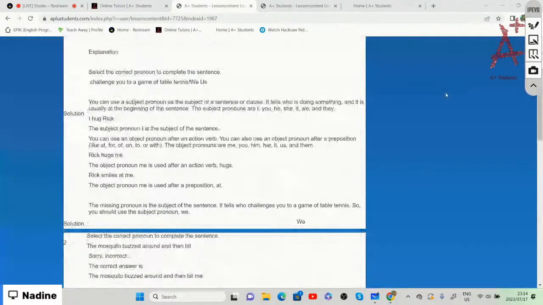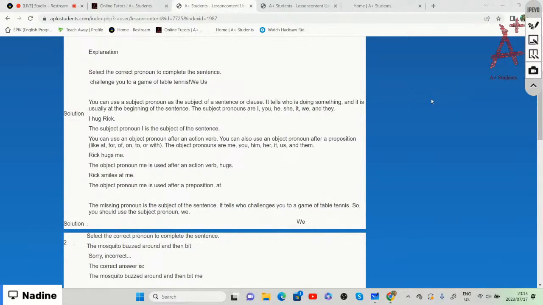That is basically subject pronouns as well as object pronouns. If we recap, a subject pronoun is used within a sentence to tell us who is doing something, and we usually find it at the beginning of a sentence. Subject pronouns are I, you, he, she, it, we, and they.